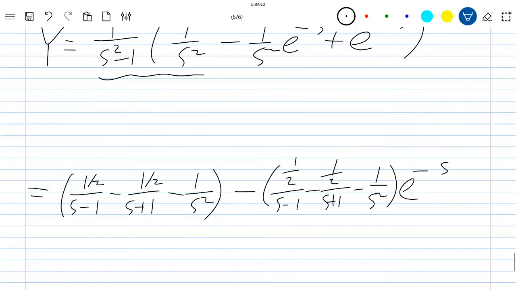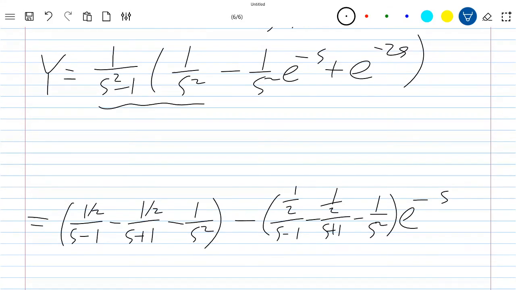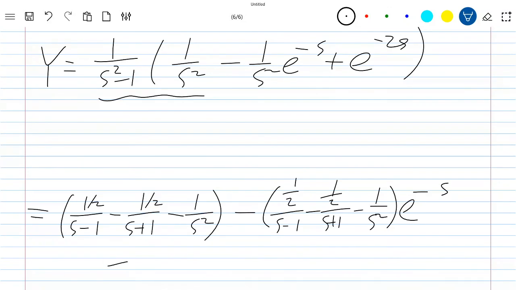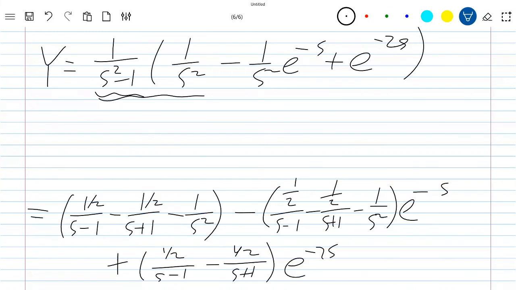And the last term, let me write it down here, let's split this only, which is something we just did: 1 half of 1 over s minus 1, minus 1 half of 1 over s plus 1, times e to the negative 2s.